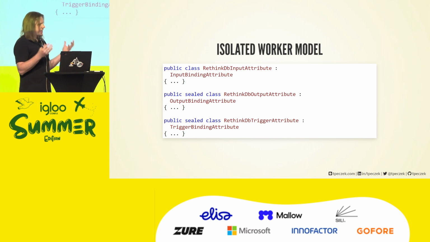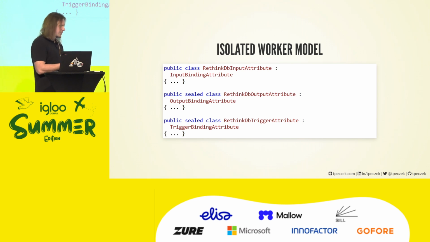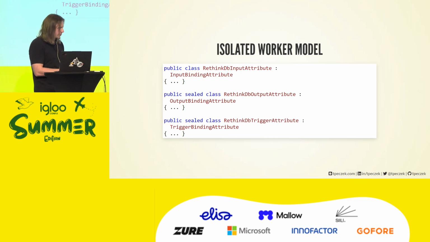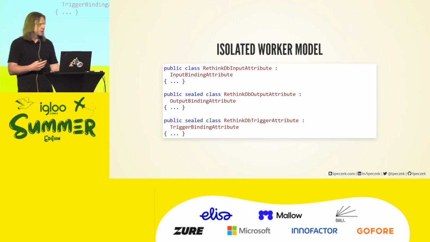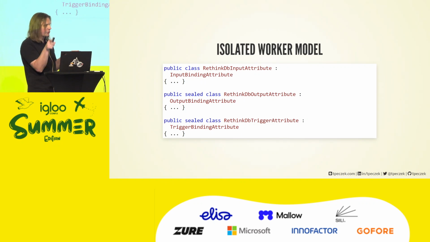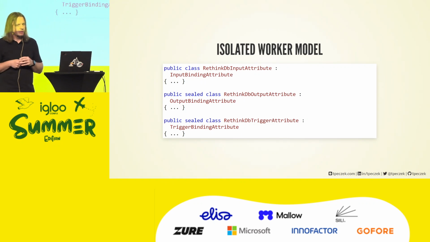In the end, they all get serialized, so they just represent some DTOs, sent over that connection, and the function host will recreate the attributes for the in-process extensions, find the proper binding rule, and the integration will start happening in the function host. The input payloads for inputs, for triggers, output payloads for outputs, they will all be handled there. And they will be sent across that communication channel, right?